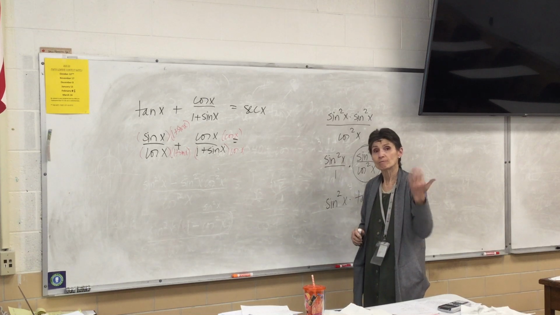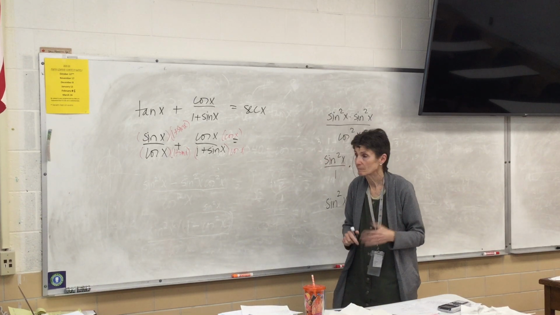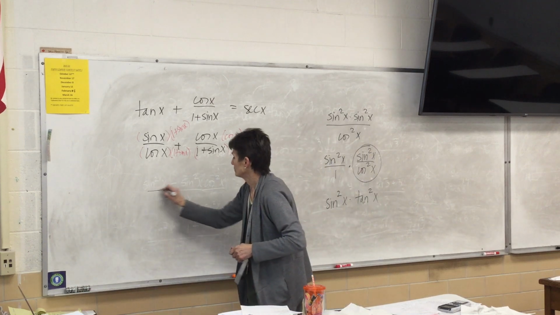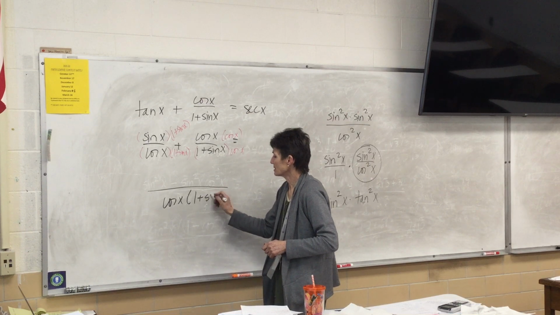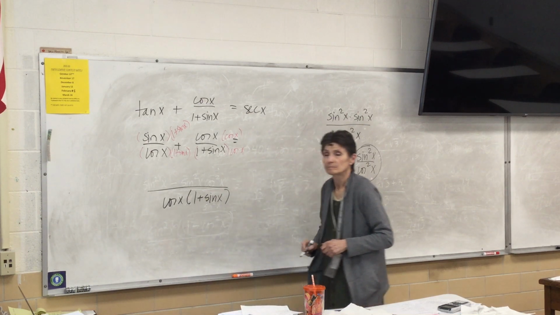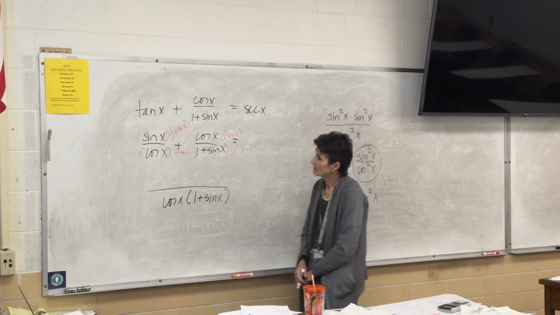Now both fractions have the same denominator, cosine times 1 plus sine.